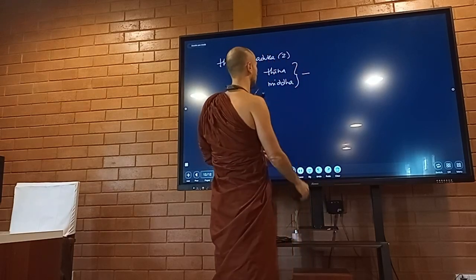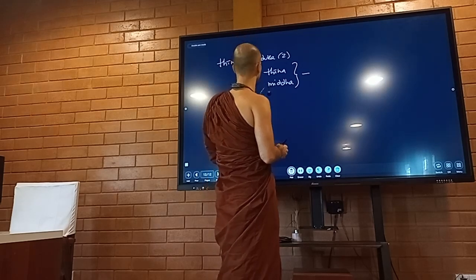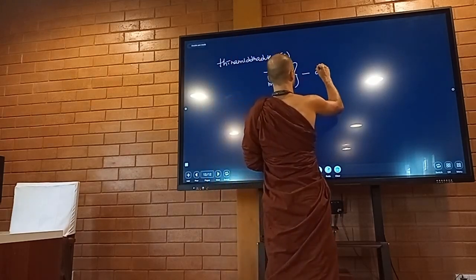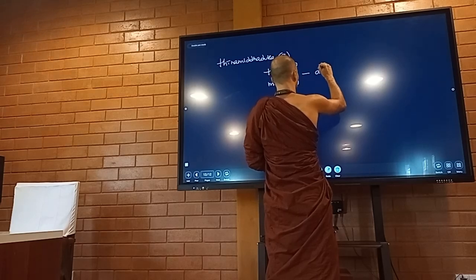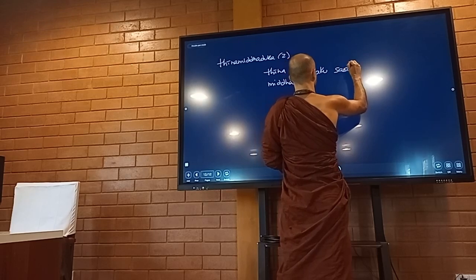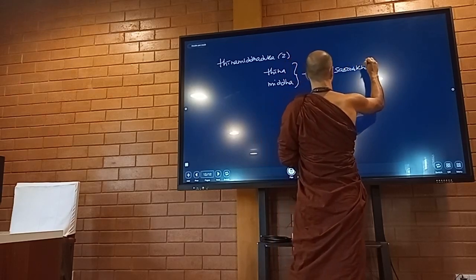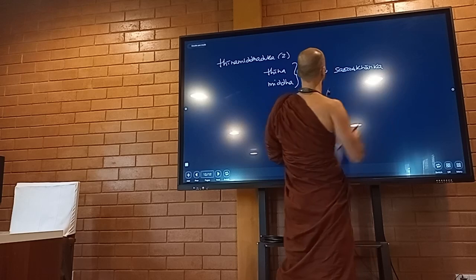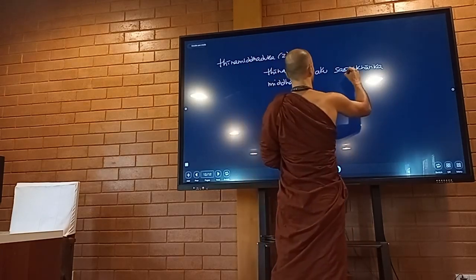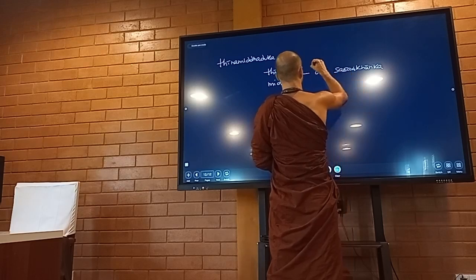Okay, Thinamiddha, they arise in akusala, or we can say akusala sasankharika. Akusala sasankharika, how many? 5. Yes. 5 akusala sasankharika.